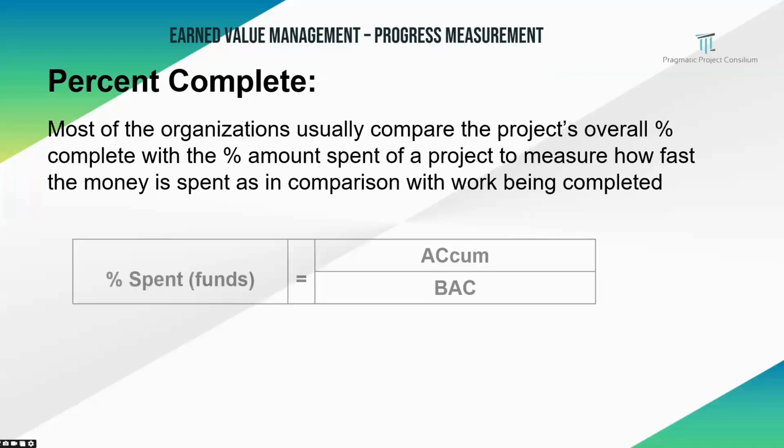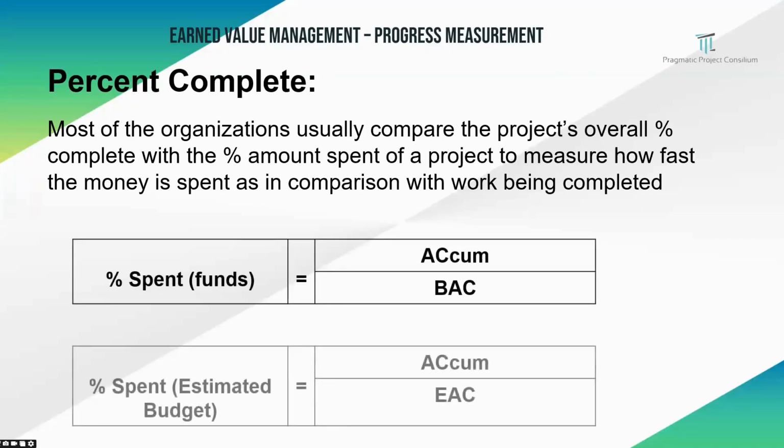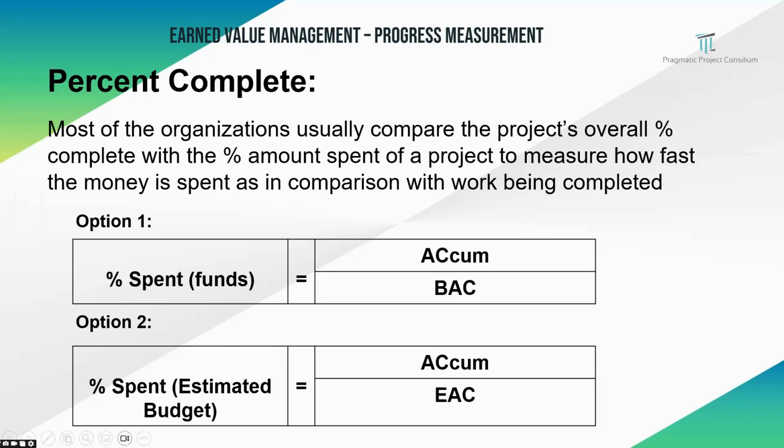Option one, the percentage spent, that is what fund is spent, is equal to actual cost cumulative divided by budget at completion. Option two, the percentage spent against the estimated budget, is equal to actual cost cumulative divided by estimate at completion. These are the two different options we can use to calculate the percentage complete.